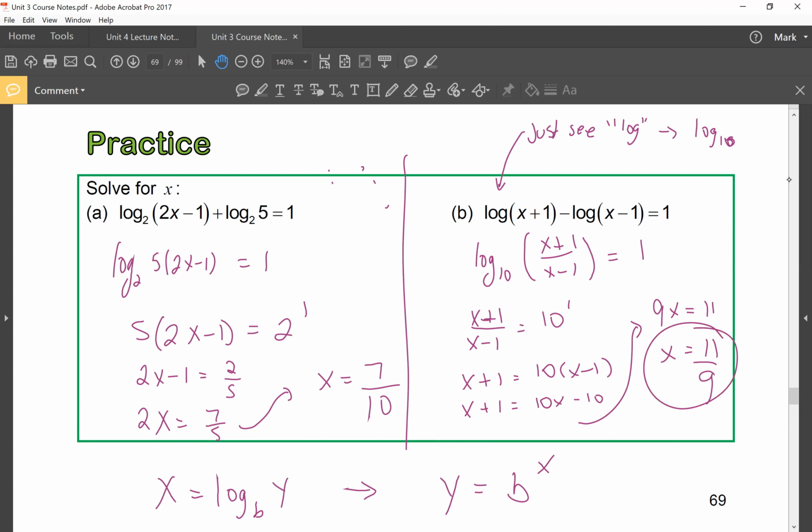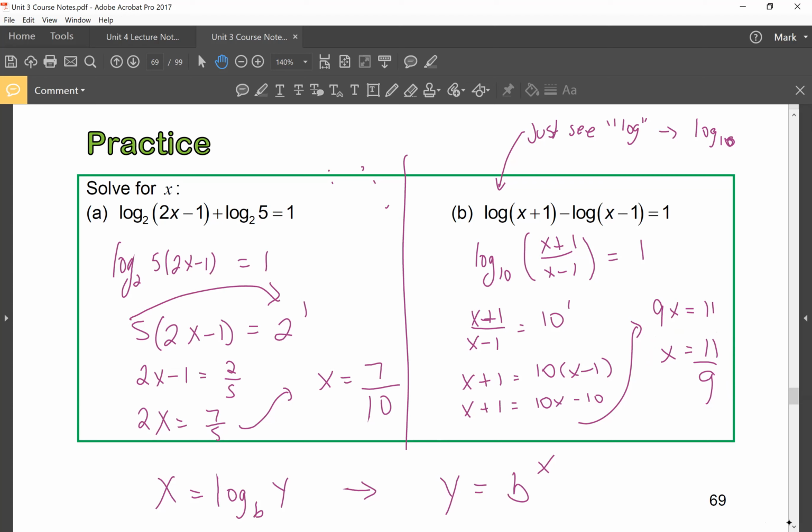There you go. Yes? Mr. Rene, why didn't I multiply 5 times 2x and 5 minus 1? It will be 5x minus 5. Yeah, we didn't need to because instead of multiplying it, I just moved it to the other side of the equation. I have my final answer was 7 over 5 because I multiplied it.